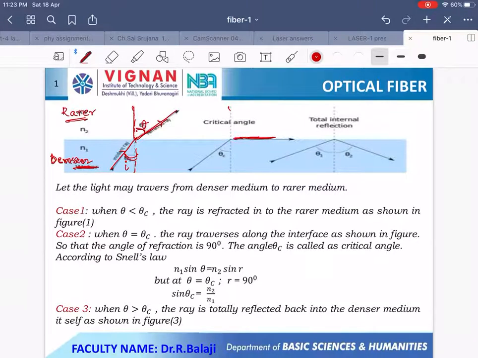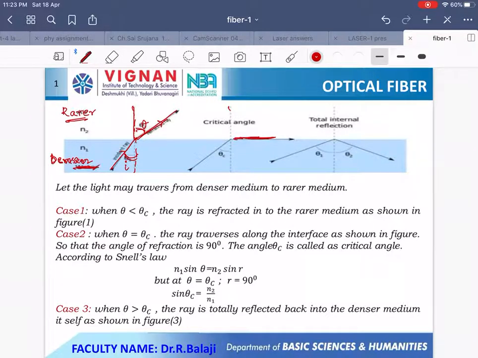To satisfy Snell's law, a ray traveling from denser media to rarer media bends away from the normal, whereas a ray traveling from rarer media to denser media bends towards the normal. Snell's law is mu equals sin i by sin r.